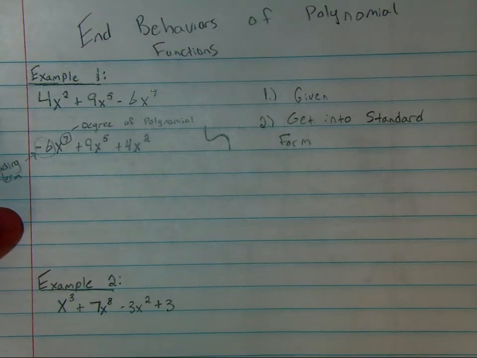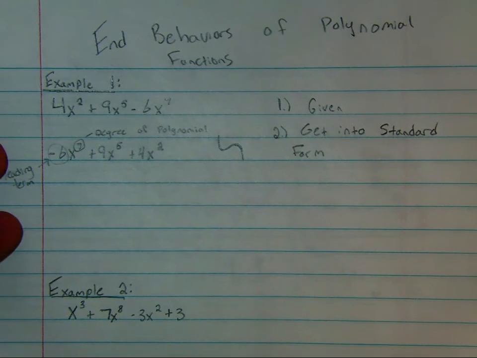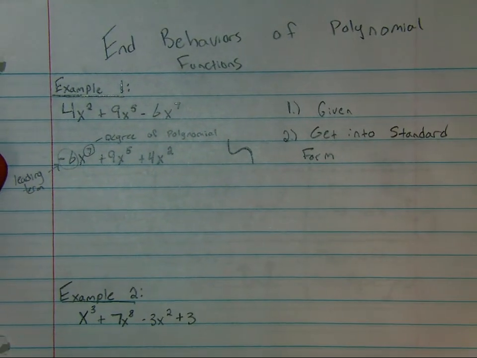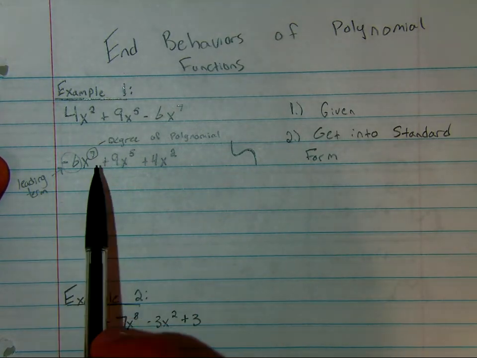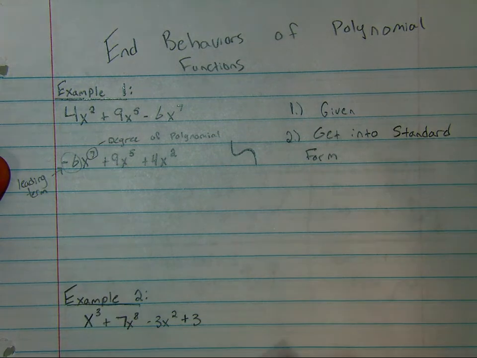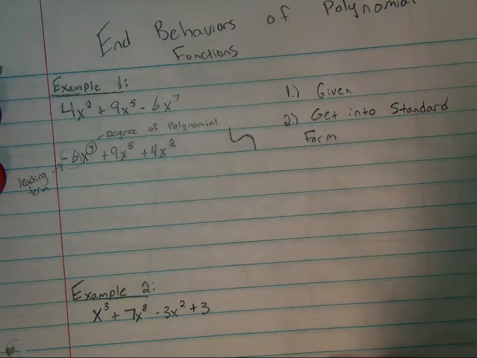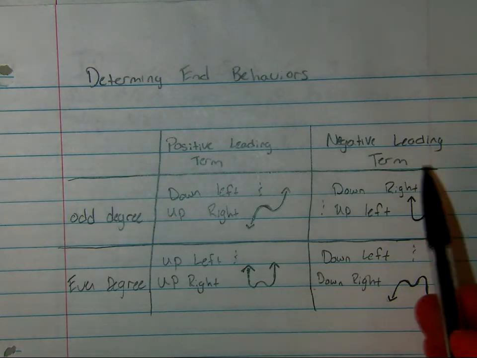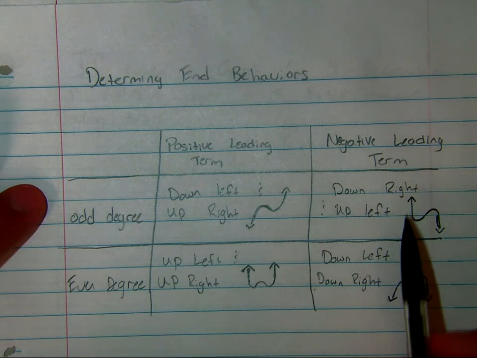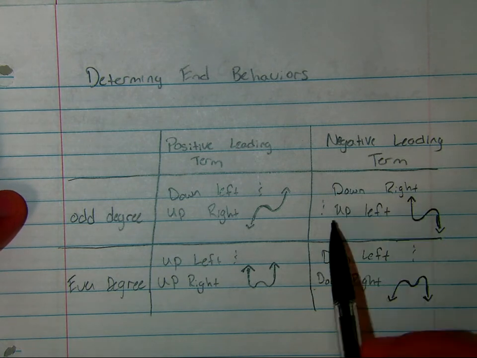Now if we go back and look at our problem, I look at my degree and my leading term. My degree is odd, and my leading term is negative. So if I go back to my chart and look at a negative leading term and odd degree, I know that my end behavior is going to be down right and up left.